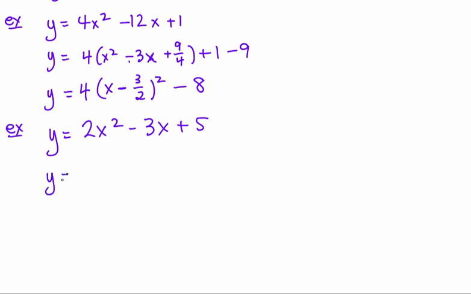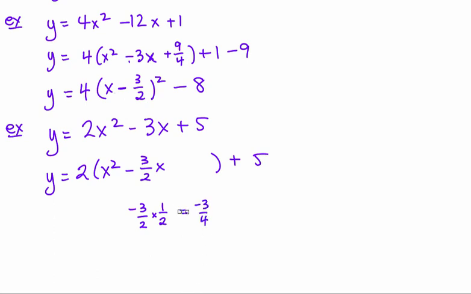So I look at these first two terms, I factor out the a value, which gives me this. That 5 sits on the outside. I want to complete this as a perfect square, and so I take this middle value, I take half of it, so I times it by 1/2, which would give me negative 3 over 4.